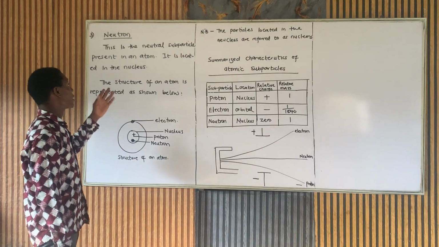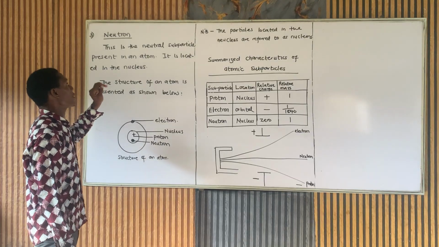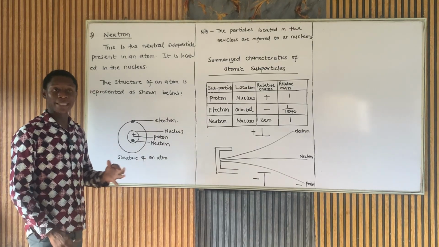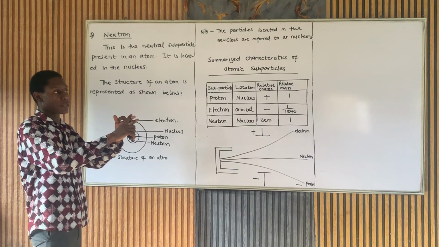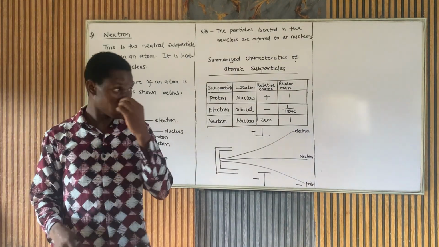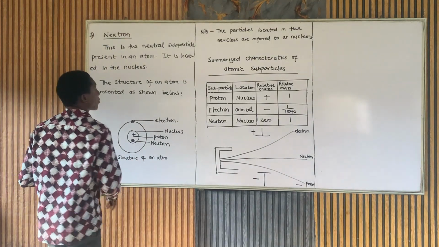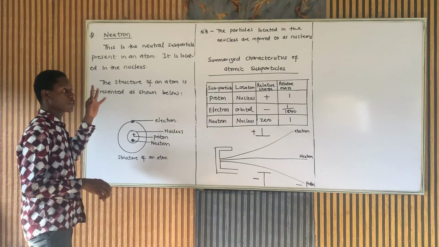So the last atomic subparticle is the neutron. The neutron is the neutral subparticle. Like I said, we have 3 subparticles: protons, electrons, and neutrons. So let's consider the third subparticle, the neutron.